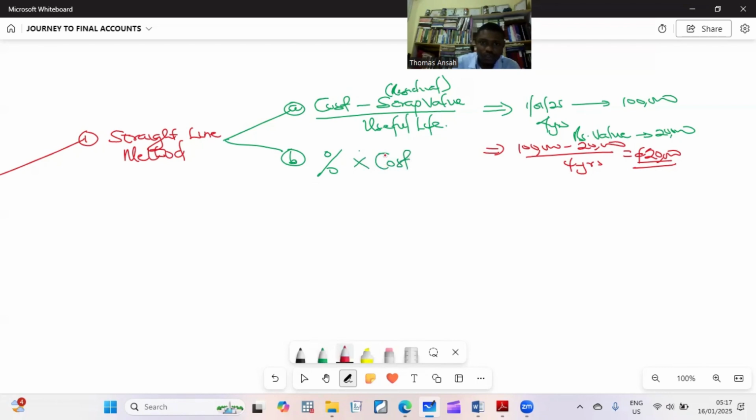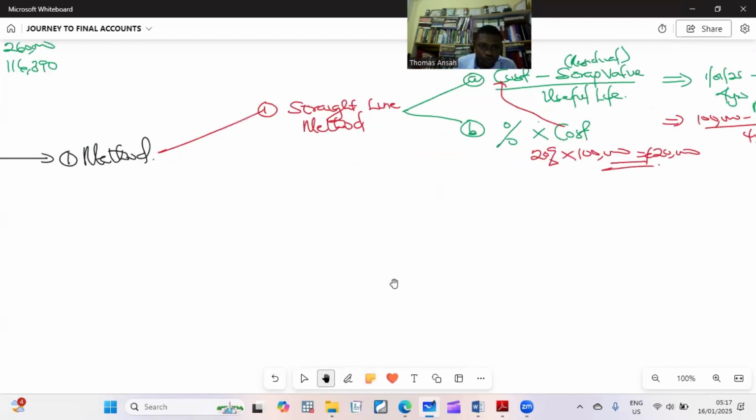In this case, without any useful life, if the asset is 100,000 and you are given 20% straight line, it is 20% multiplied by 100,000, which is 20,000. That is the straight line method.